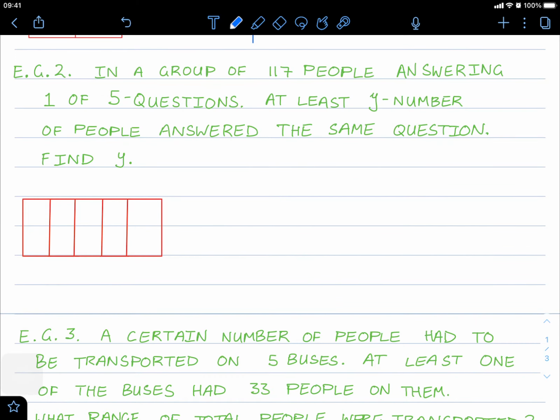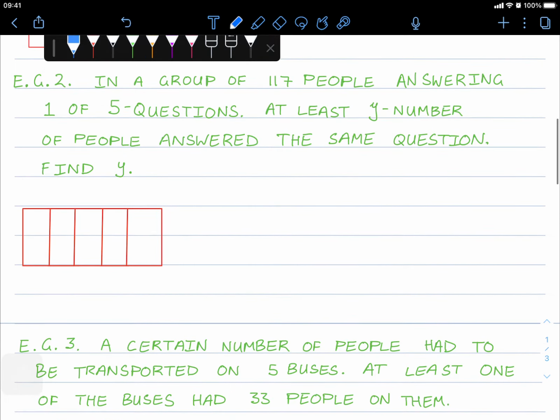And if we were to try and populate this as evenly as we can with 117 people, 1, 2, 3, 4, 5, 6, 7, 8, 9, 10, and so on, one or more of these questions have been answered by the same number of people.